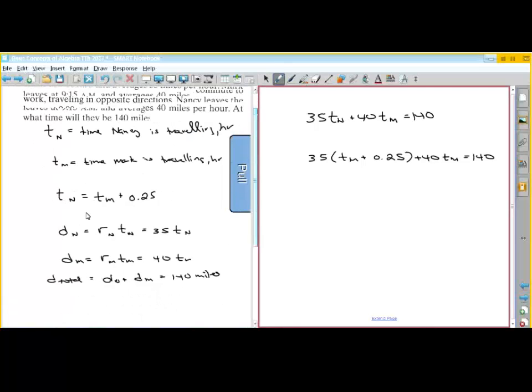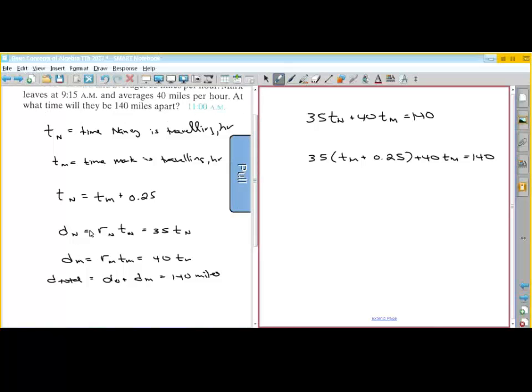But ultimately what we did was we said the total time was the sum of the individual times. Well, the total time is the same for both of them. No, that's not true. The final time, where the end point is, is the same. But we reflected that Nancy left earlier by this relationship.